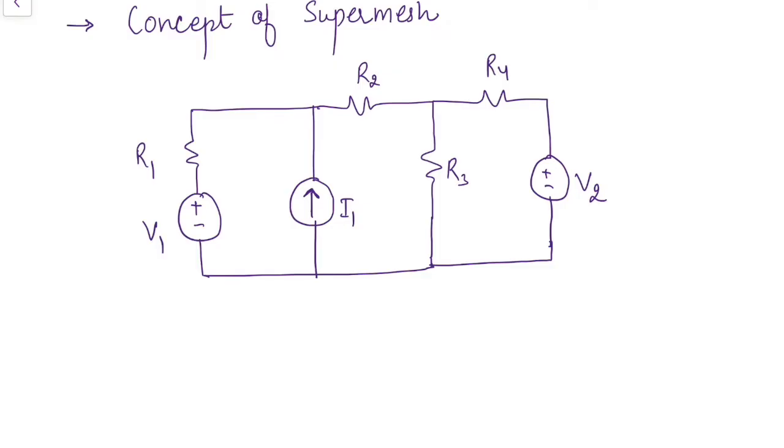Now that's your choice whether you want to assign them in clockwise or anti-clockwise direction. I am considering all of them in clockwise direction. The first mesh current as Ix, second one Iy, third one Iz.